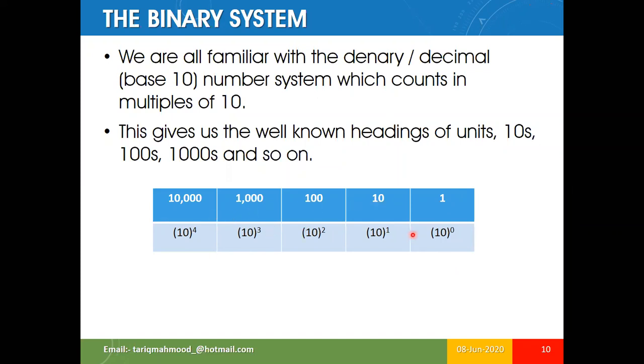If we represent these numbers with powers, 10 to the power 0 represents 1, 10 to the power 1 represents 10, 10 to the power 2 represents 100, 10 to the power 3 represents 1000. This means the power on the number 10 represents the number of zeros in it: 10 to the power 2 means 1 with 2 zeros, 10 to the power 3 means 3 zeros, 10 to the power 4 means 4 zeros. This is the basic understanding of representing numbers.